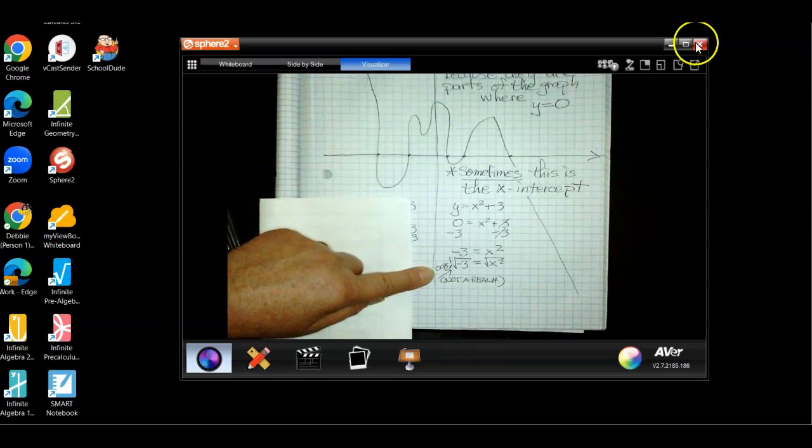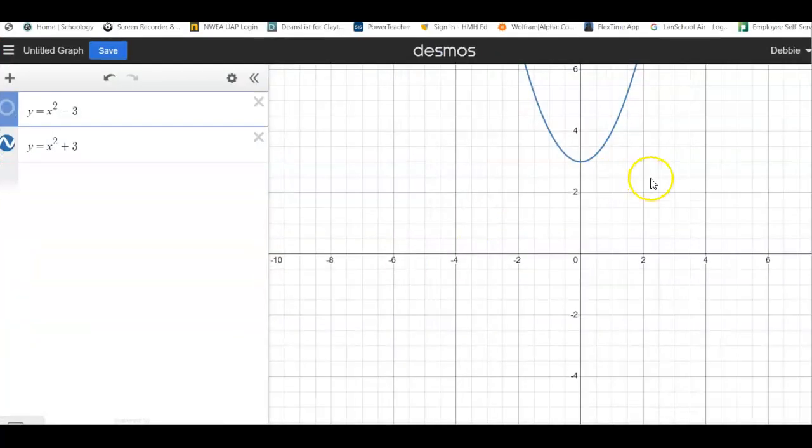So when you look at this graph, you can see that the real number line, or the x-axis, this is never going to touch it, and it's never going to cross it.